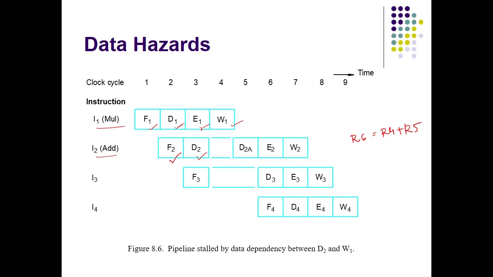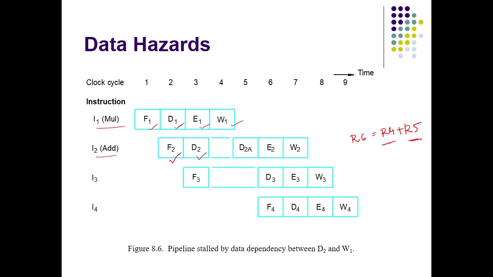Now what will happen? Decoding, as I said in the class, is not only decoding, it will also bring the operands necessary for the execution. What are the operands here? These are R4 and R5.